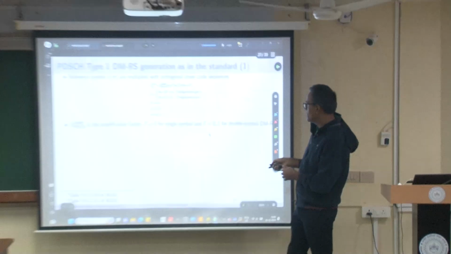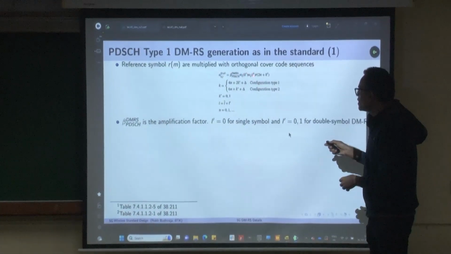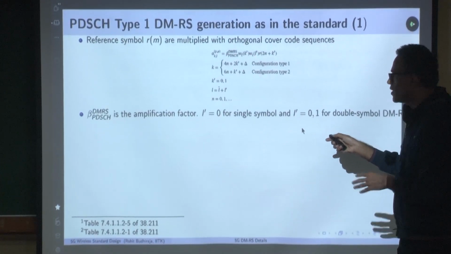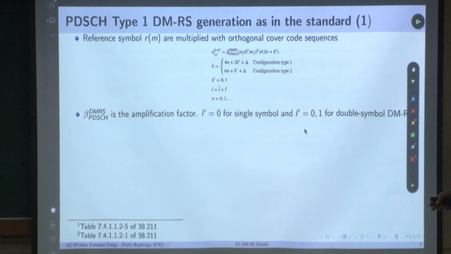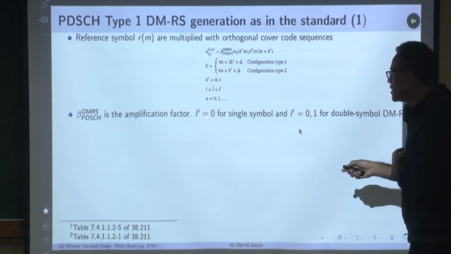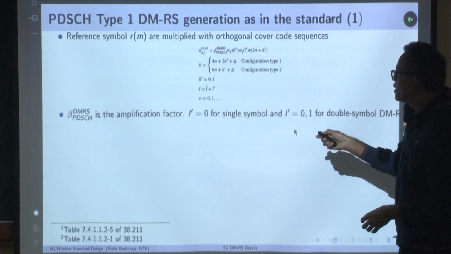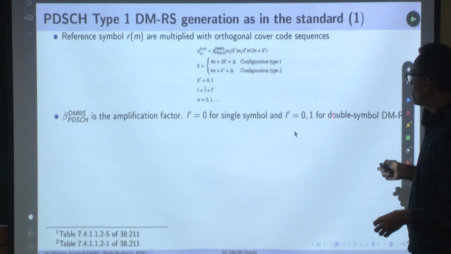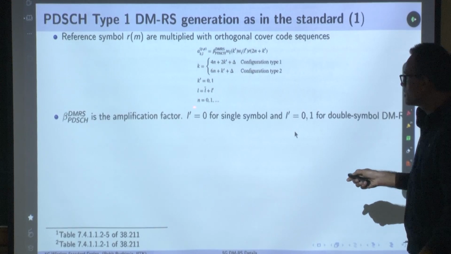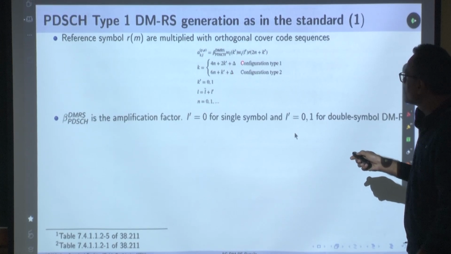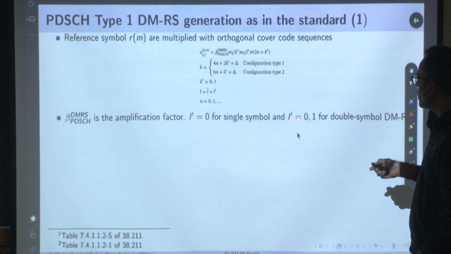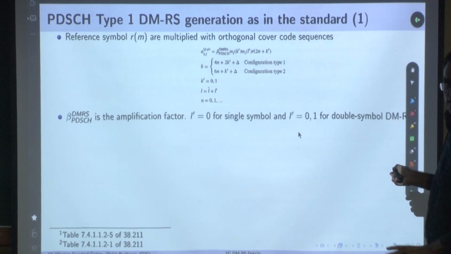Now you see that there are multiple variables coming over here. This is slightly on a smaller side, I'll discuss this in detail also. This L dash: because you have to generate this orthogonal code cover for both single symbol and double symbol, the variable L dash is 0 for single symbol and runs from 0 to 1 for double symbol DMRS.